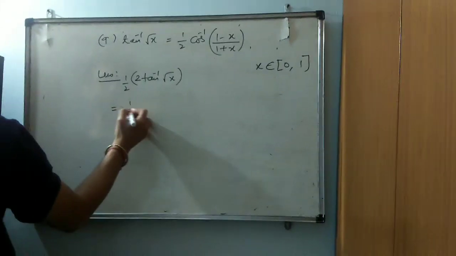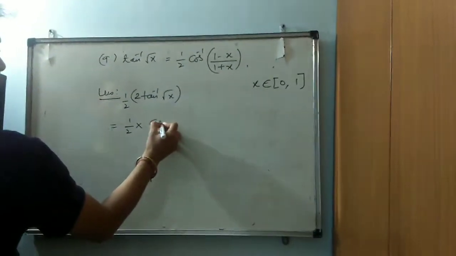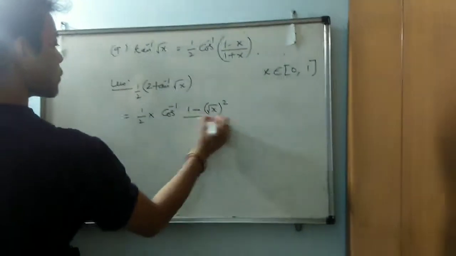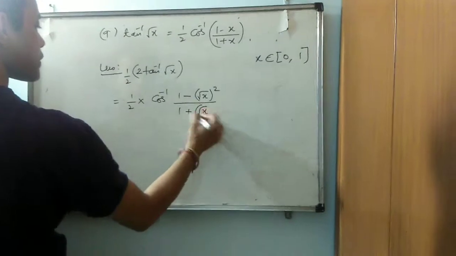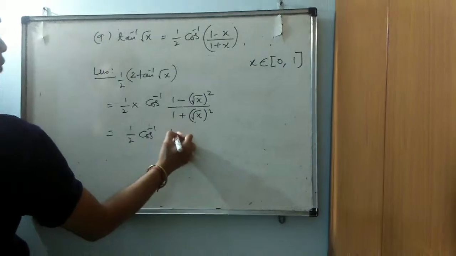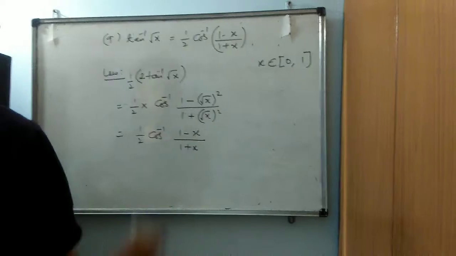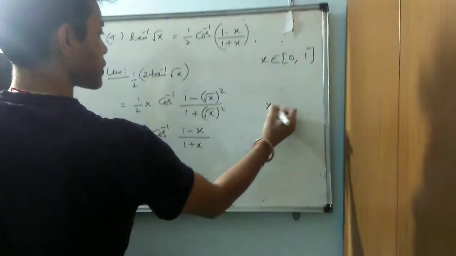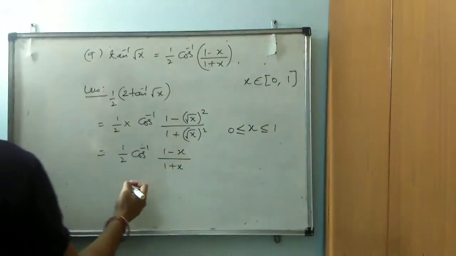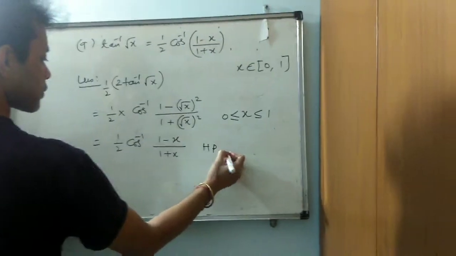And then, using this identity, 2 tan inverse x is written as cos inverse 1 minus x square upon 1 plus x square, which on further simplification gives you 1 minus x upon 1 plus x. This identity is valid when x is lying between 0 and 1, which is the case. Therefore, this result is okay. It's good.